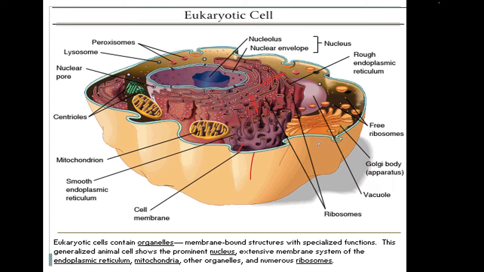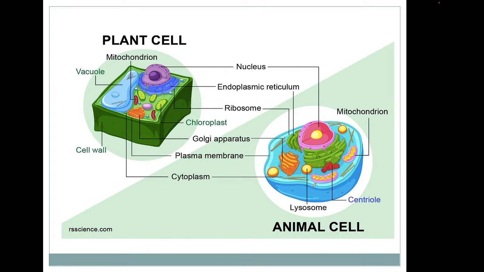This is the Golgi bodies, and this outer layer is the plant cell wall, and this inner layer is the plasma lemma, that is the cell membrane, and this one is the centrioles. Then, what is the difference between plant cell and animal cell?